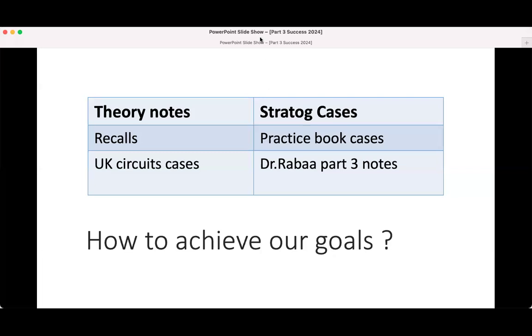So let's see what the resources to study are. Question number 1: shall I read the guidelines again? The answer is no. You don't need to read the guidelines again.